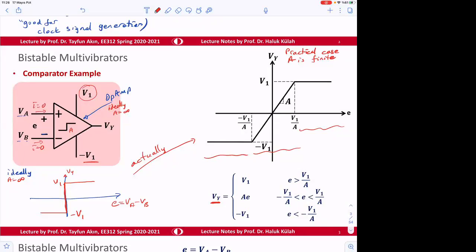For the signal, when the error signal input E, which is VA minus VB, is larger than V1 divided by A, then the output is going to be like this. This is the case, and maybe we can call this case 2, and then this one case 3.